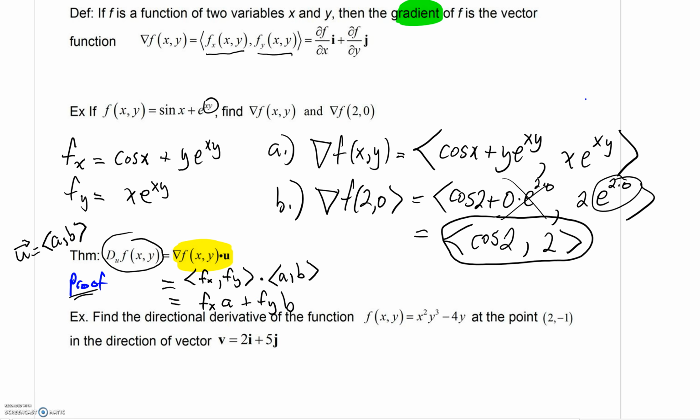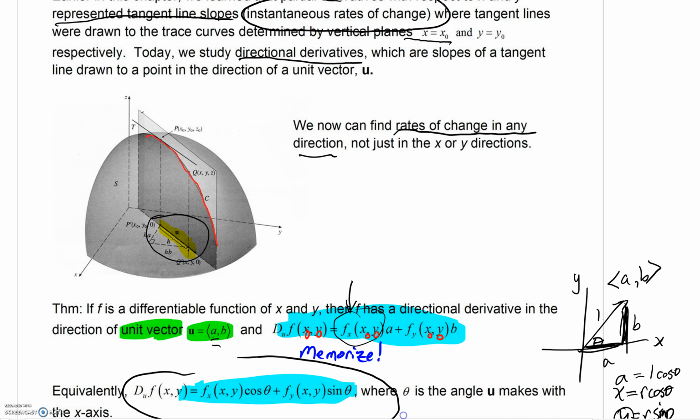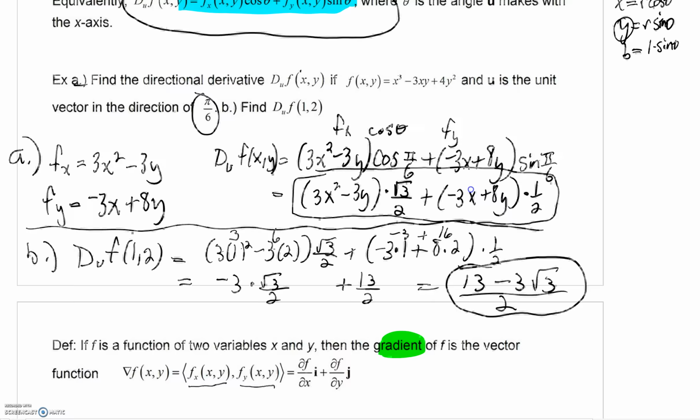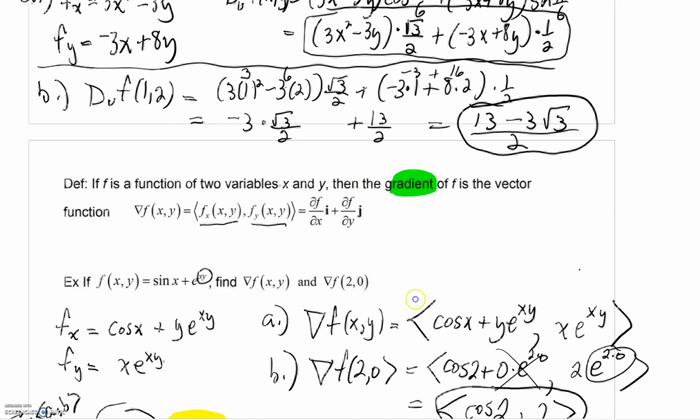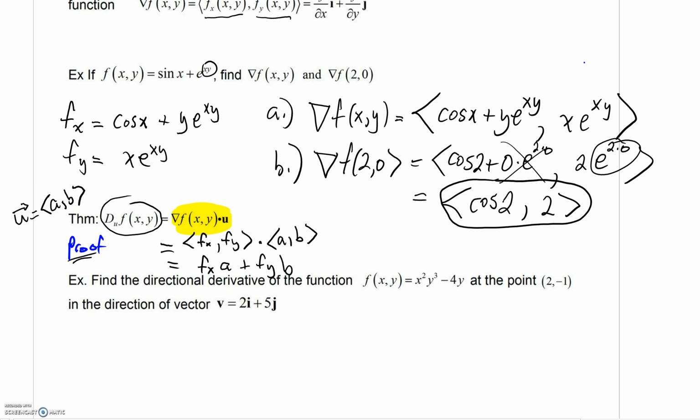If we go right back to the beginning of our notes, with what we were memorizing, that's right here: f sub x times a plus f sub y times b. Wow, it's the gradient of your function dotted with the unit vector's components. You do that and you will find your directional derivative.